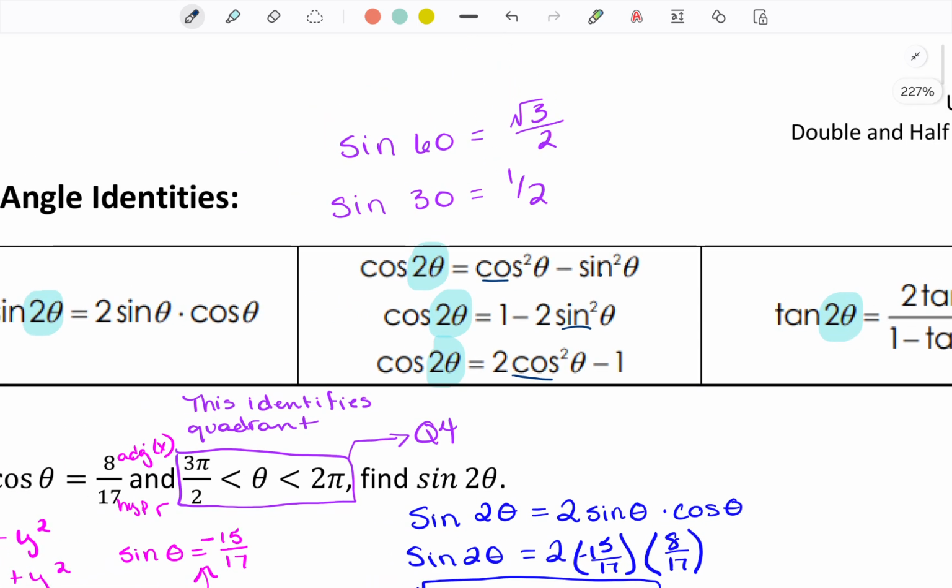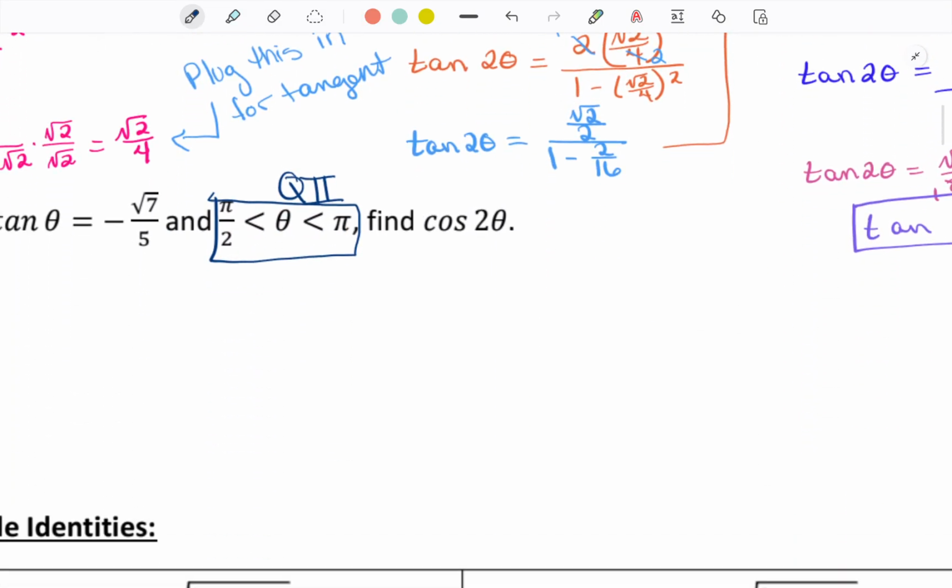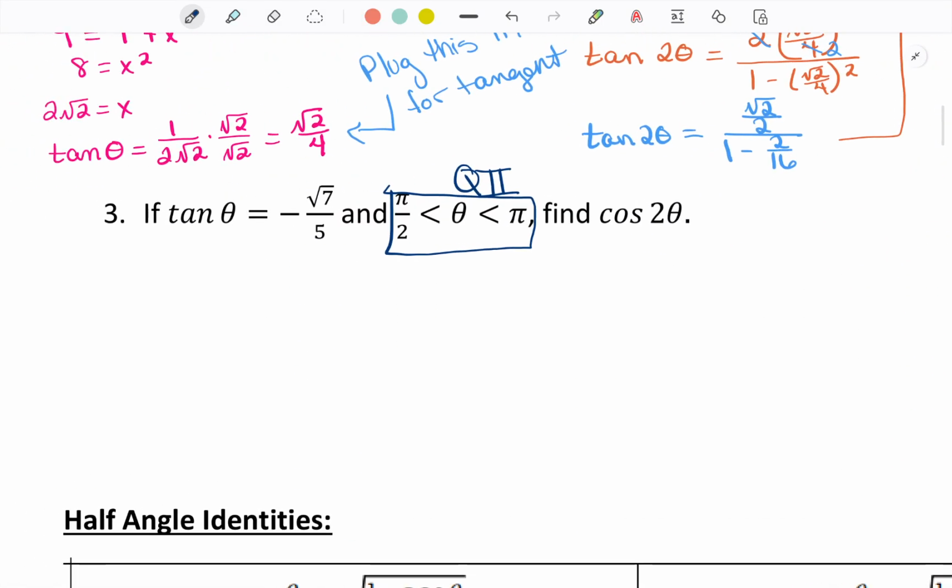One of the reasons why I am doing that is because I'm already having to deal with a negative, and that negative is going to have to be in my answer. A lot of people don't want to deal with the negative, and so they will go ahead and find sine as well. I can go ahead and show you how to find it with both. So you should wind up with the same answer no matter what.